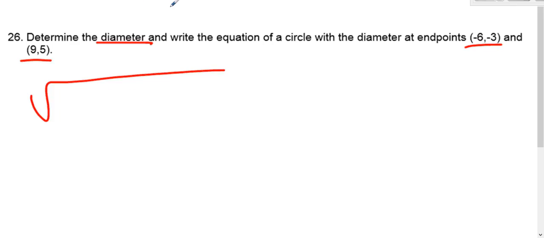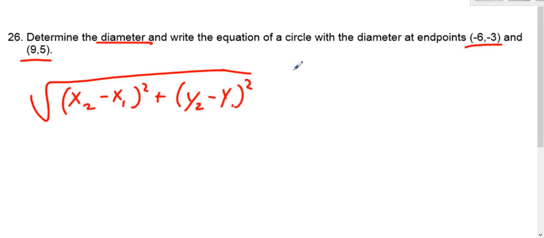Distance formula is x2 minus x1 squared, plus y2 minus y1 squared. Then we fill in the points. 9 minus -6, and 5 minus -3.